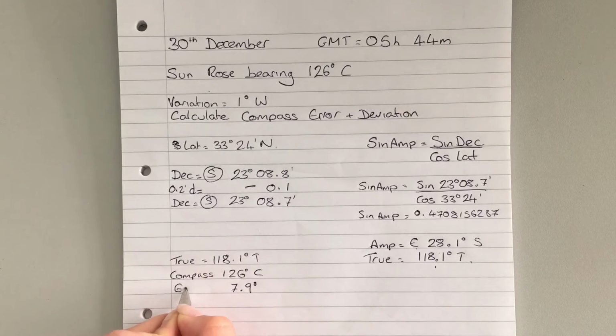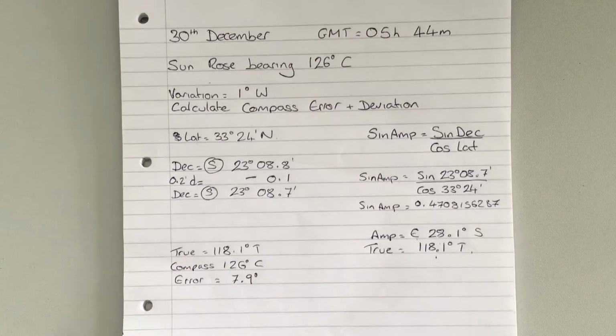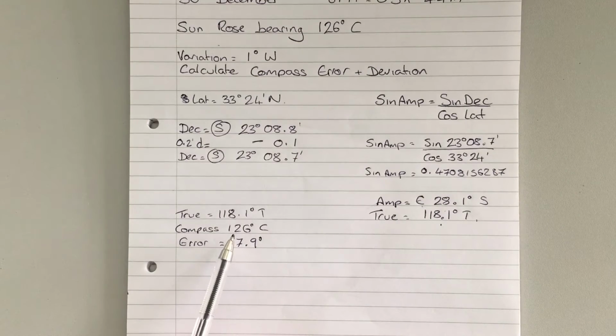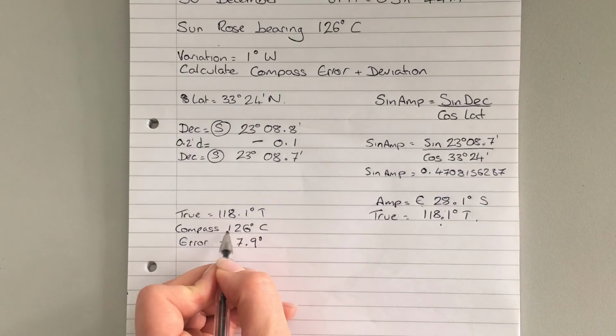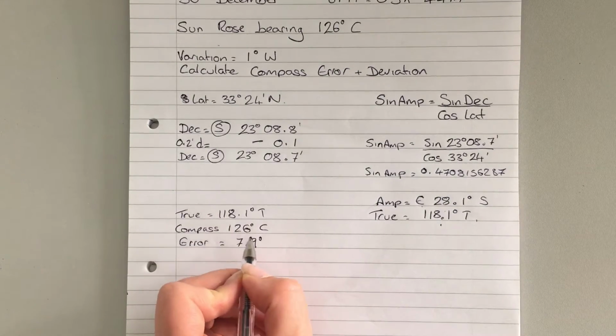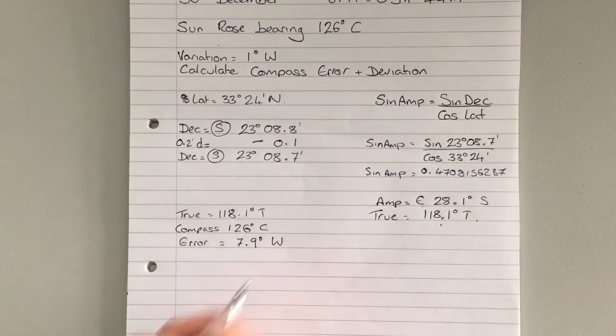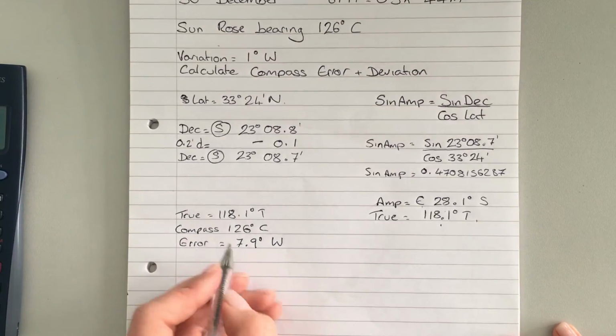So that's the error, 7.9 degrees. Okay, and now we need to name that east or west. And there's a little rule: compass best, error west. Compass least, error east. So you see here, my compass of 126 is bigger than my true, so compass best, error west. So that's my compass error.